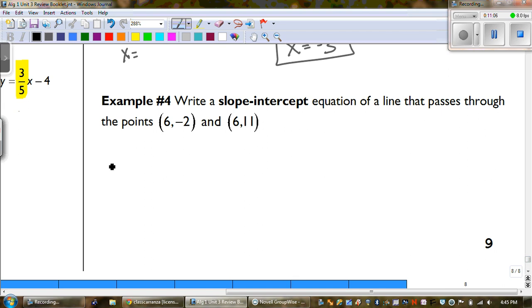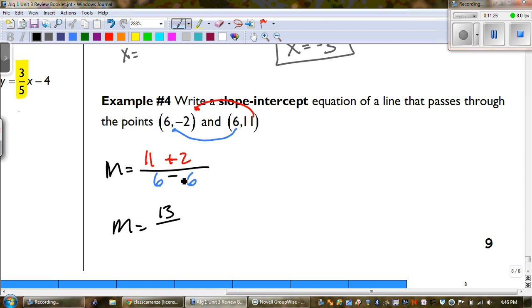Okay, in example number 4, we need to find the slope. So the y's go on top, the x's go on the bottom. 11 plus 2 is 13, but 6 minus 6 is 0.